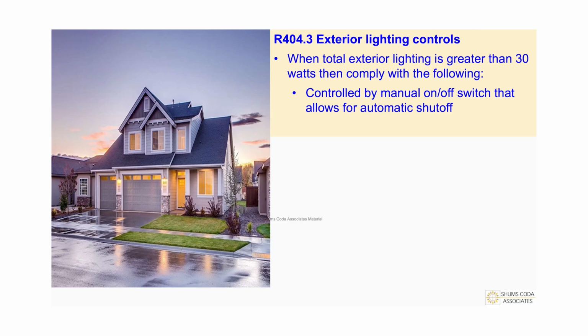So what about, or here's our fun with our exterior lighting controls if you're single family, 2-family, townhouse situation. So the first one is that if you have a total of all of your lighting for your exterior equals or exceeds that 30 watts, then you're going to have to do all this. So it's got to have a controlled on-off switch that allows for automatic shut-off.